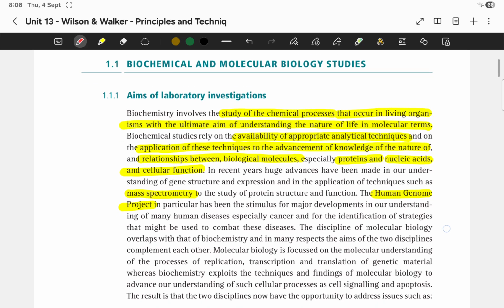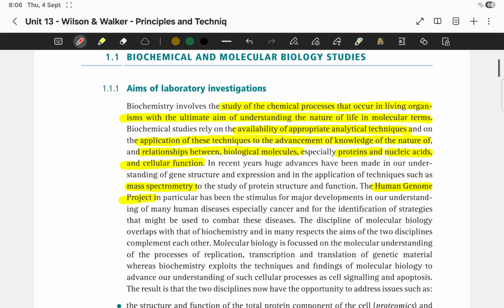Biochemical and molecular biology studies, aims of laboratory investigation. So, what are the aims of laboratory investigation in biochemistry? The study of chemical processes that occur in living organisms with the ultimate aim to understand the nature of life in molecular terms.